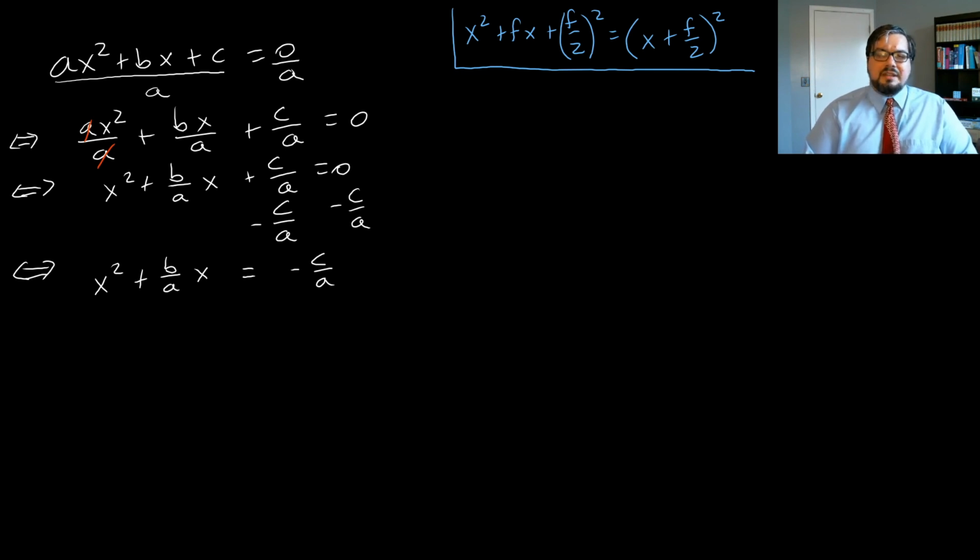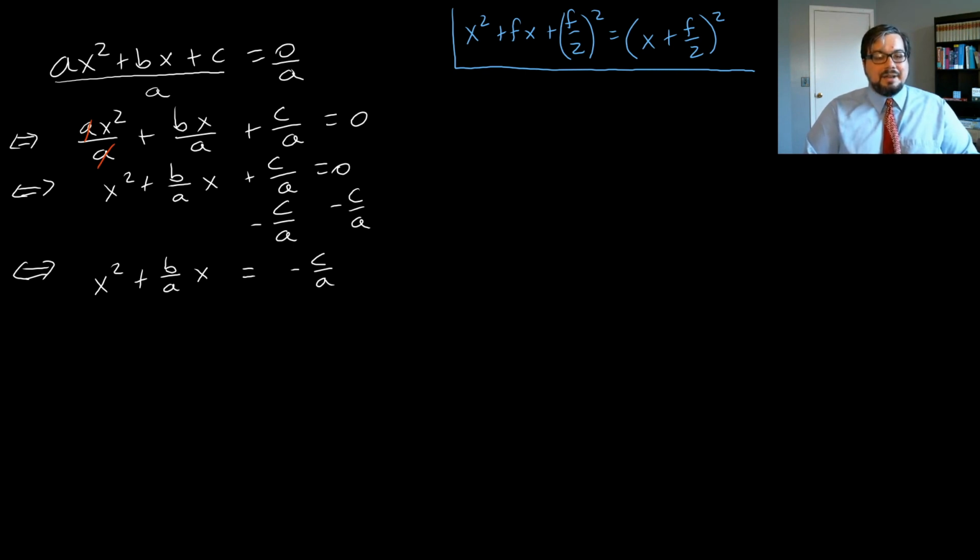I know that if I have x squared plus some number times x plus that number over 2 squared, that's a perfect square trinomial. I'm just using the blue formula at the top of the screen. Now, of course, I don't have that right now, but I can get that.